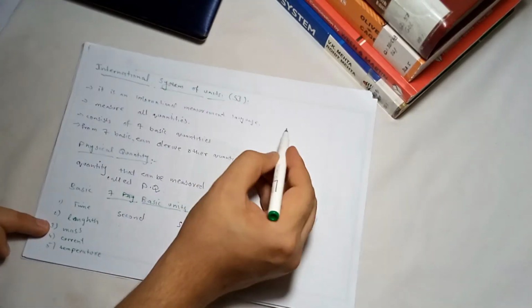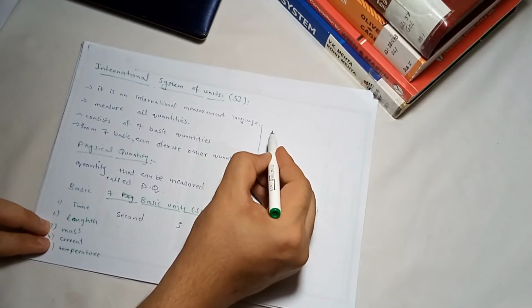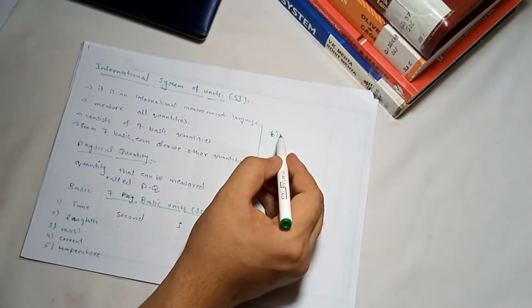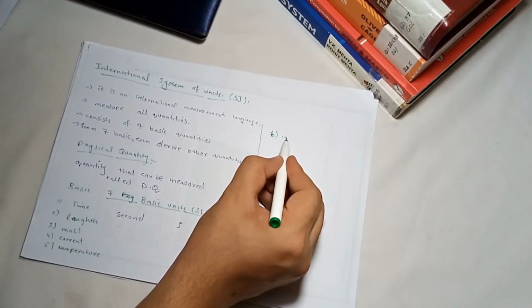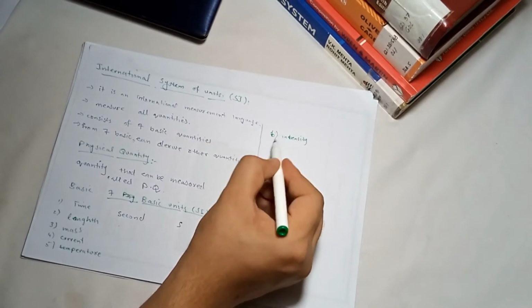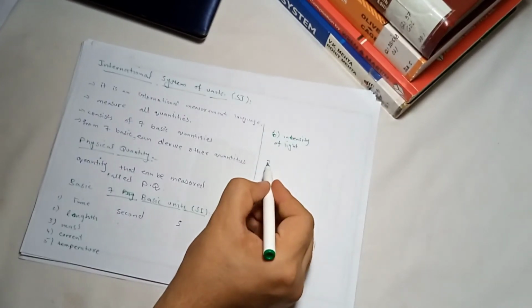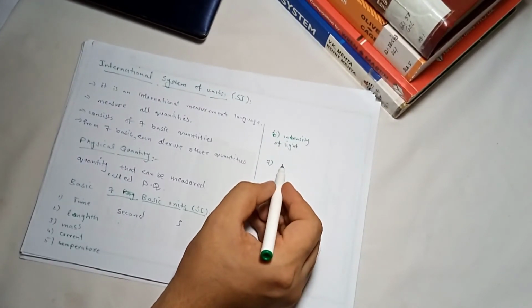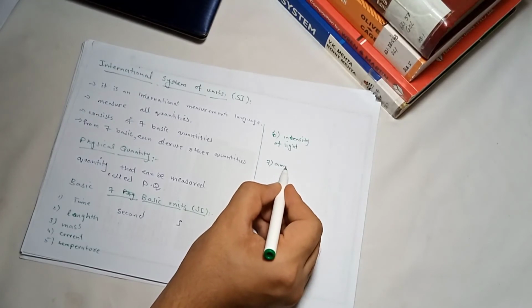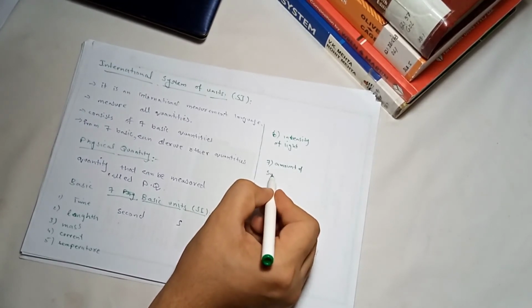The sixth will be called the intensity of light. Now the seventh will be amount of substance. This is important.